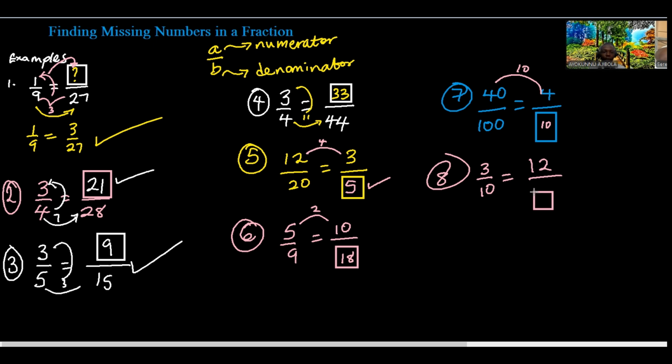So what should be the answer in the box? 12 divided by 3 is 4, and 4 times 10 is 40. So if I put 40 here, that means 4 here, 3, and 4 here, 10. That's correct.